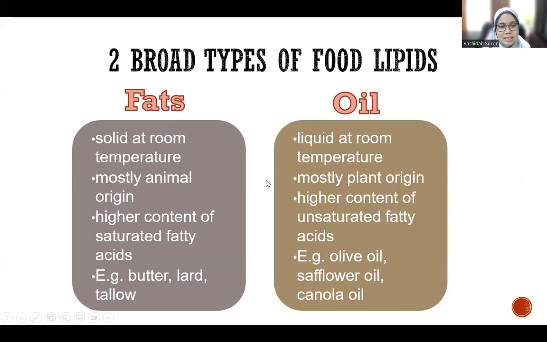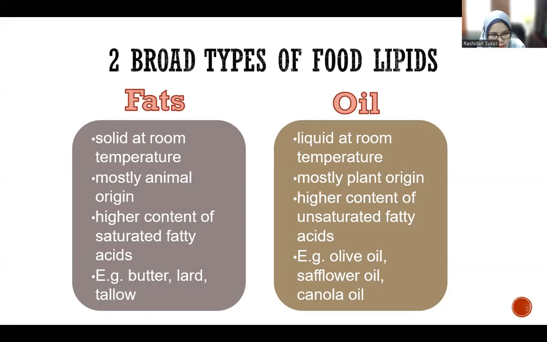Physically, they are solid at room temperature. Mostly they are from animal origin. Butter we make from milk. Lard is from swine or pork, and tallow is mostly animal fat from beef or goats and whatnot.